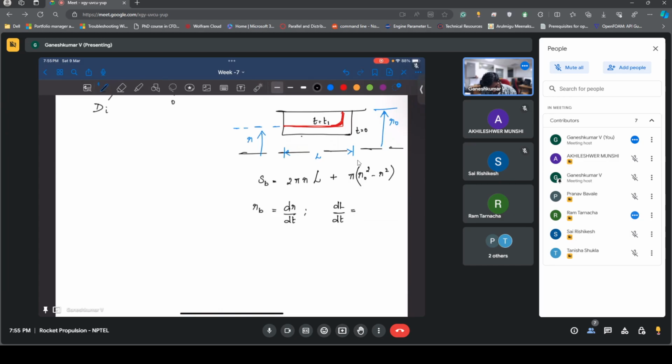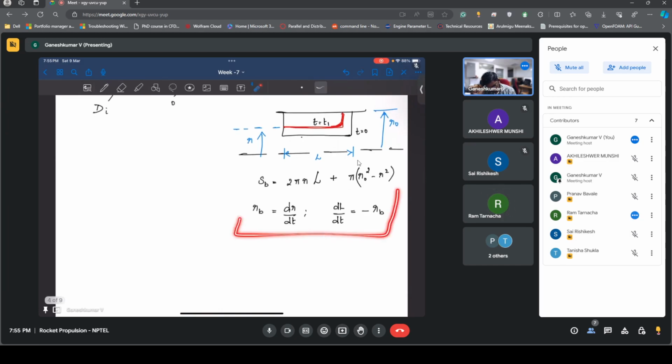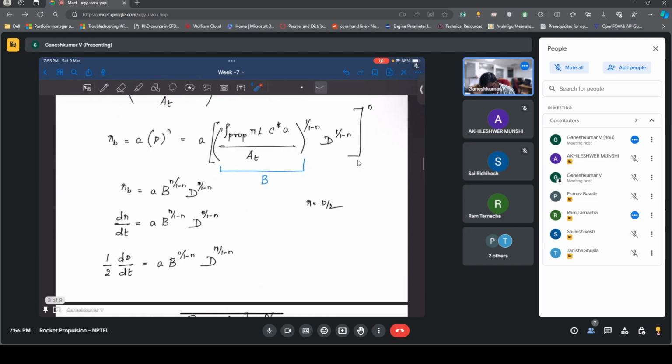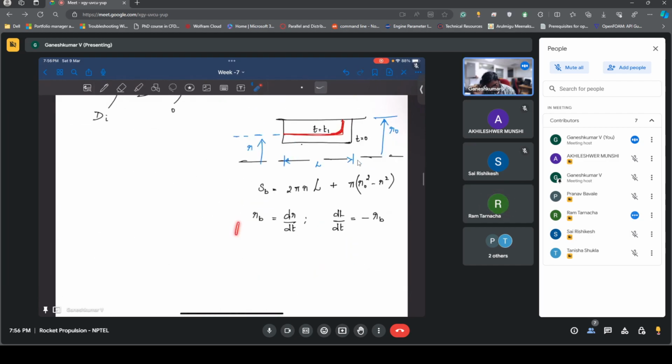The length keeps on reducing, so it can also be written as minus rb. Till now, is it clear? Yes. The rate at which the length is regressing is going to be negative rb, because the length keeps on reducing. Now we need to use these relations together to get this burn time. It is not one relation, it is actually two relations.